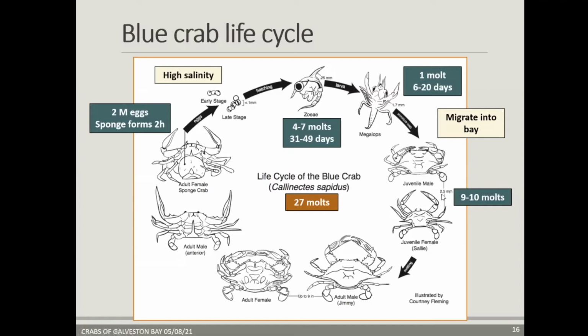These juvenile stage crabs start at about 2.5 millimeters. And they will go through up to 10 molts to become a young adult. And then after that, the number of molts is just going to be based on the age of the crab. Again, in order for these adults to grow, they're going to have to molt.